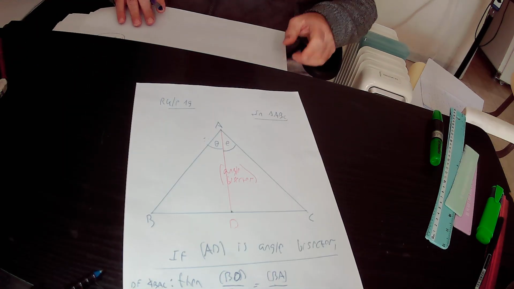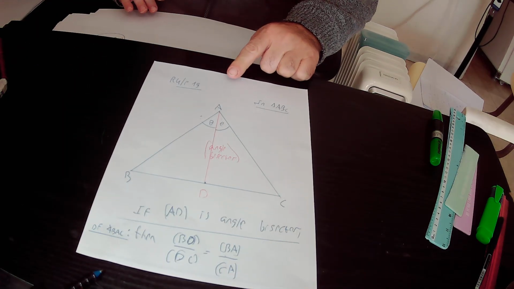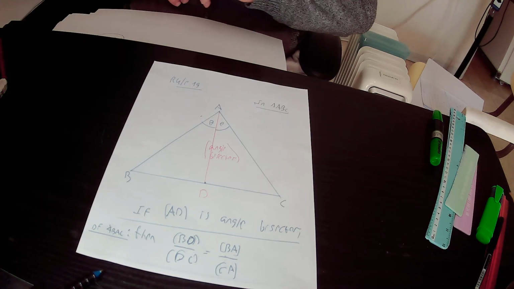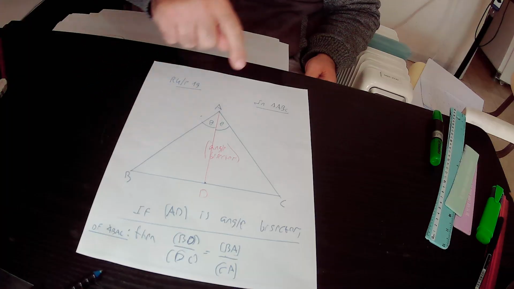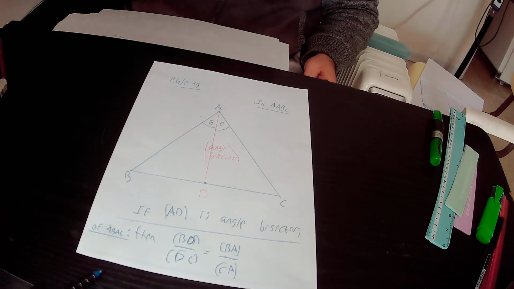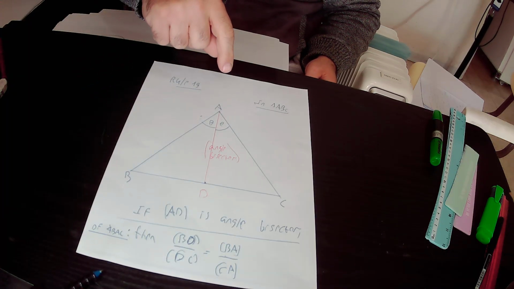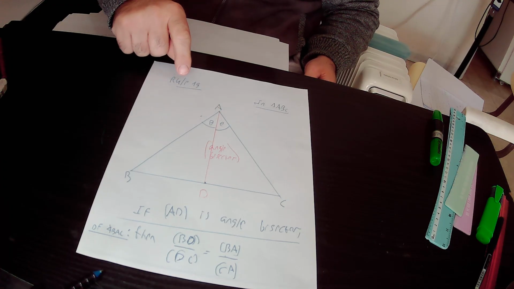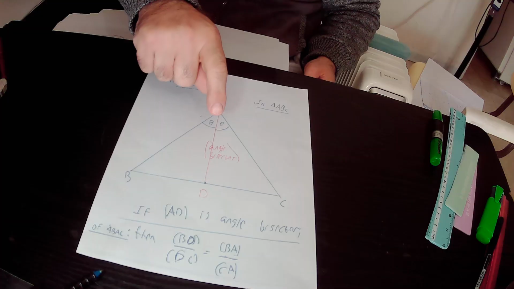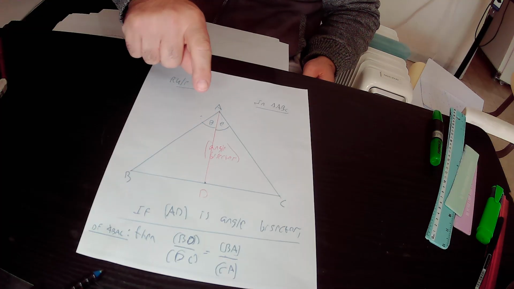According to rule 19, also defined as the angle bisector theorem: first of all, we know that this is triangle ABC, and AD is the angle bisector of angle BAC.